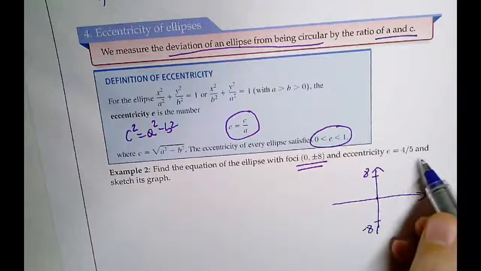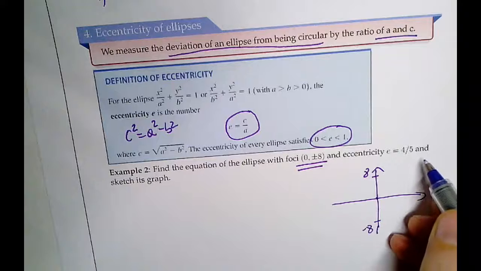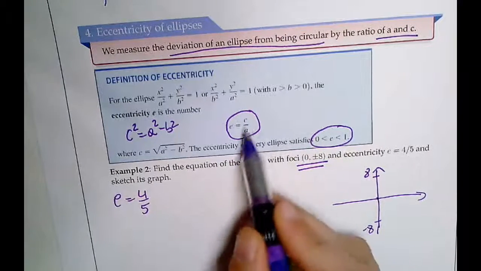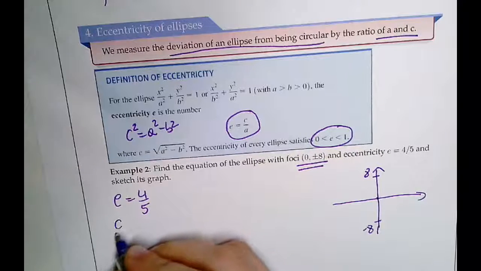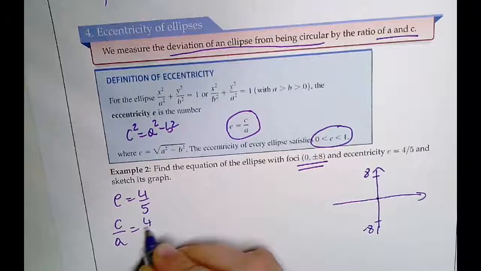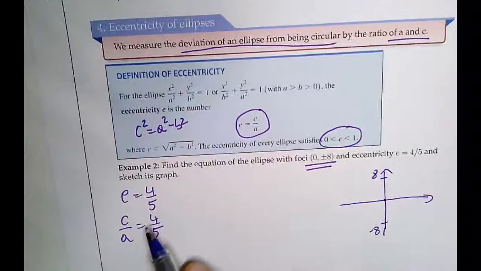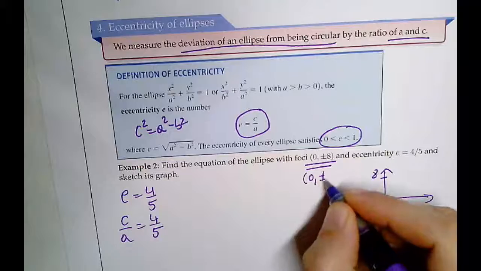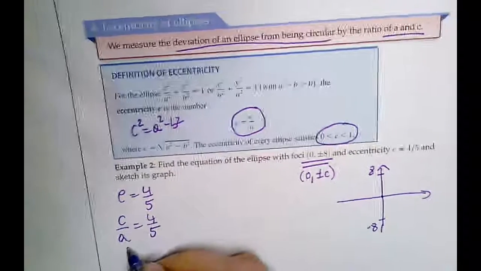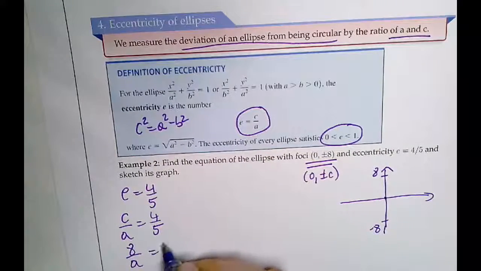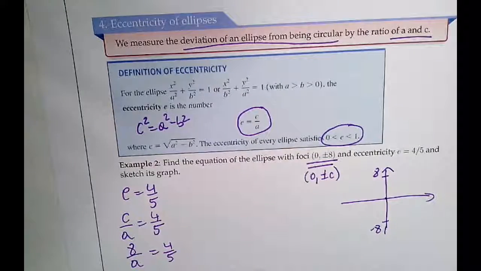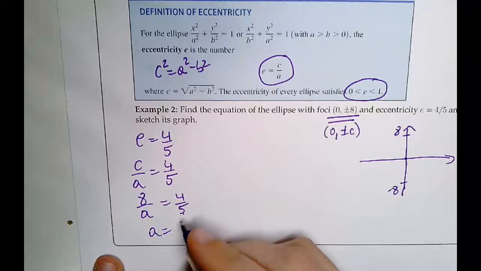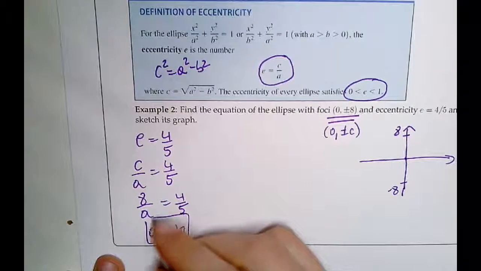Okay, so then eccentricity is E equals 4/5, but I know by formula that the eccentricity is C over A. So C over A equals 4/5. But C is given to be 8, right? Because the foci are 0 plus or minus C. So C is 8. So that means that 8 over A equals 4/5. That gives us that A equals 8 times 5, which is 40, divided by 4. A equals 10.